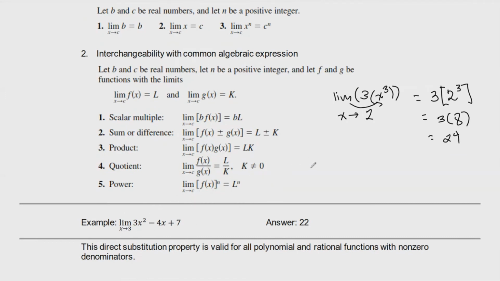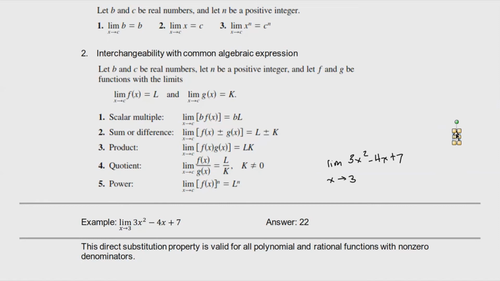So with that, let's try solving this example here. If we look closely at the limit of 3x squared minus 4x plus 7 as x approaches 3, what we have here are a lot of properties that we have mentioned before. If you look closely, it is separated by subtraction and addition. So in this case, we can actually rewrite this.